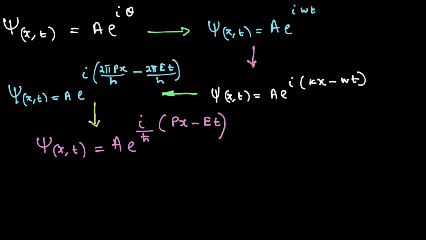So that was the journey that we need to take to get to the point where we need to now use this equation. This is the equation we need now to differentiate. If you want to find the momentum, we differentiate with respect to x. And if you want to find the energy operator, we differentiate with respect to t. So now this is the new equation that we need.